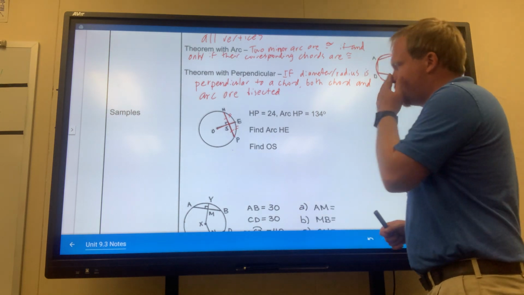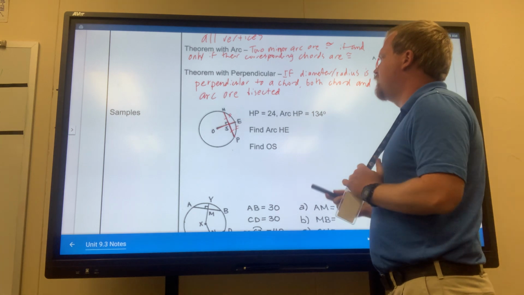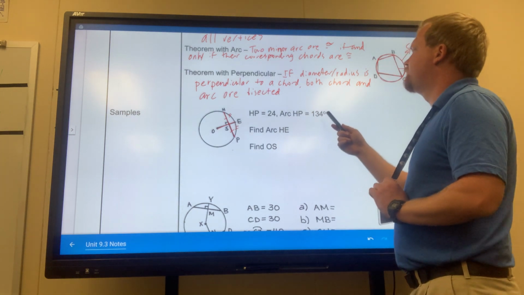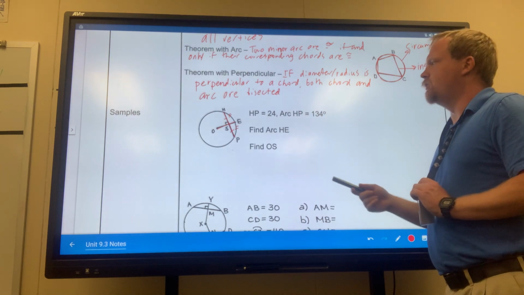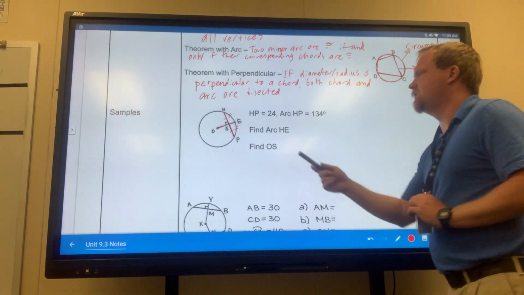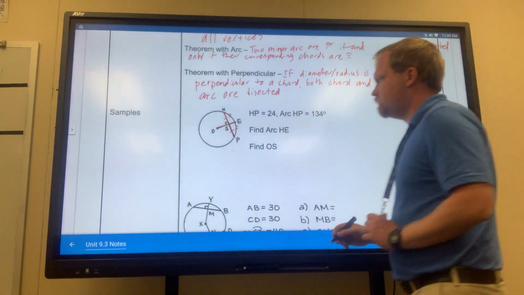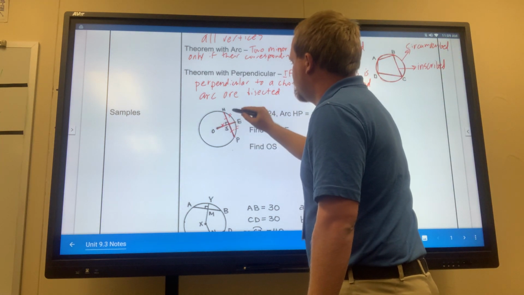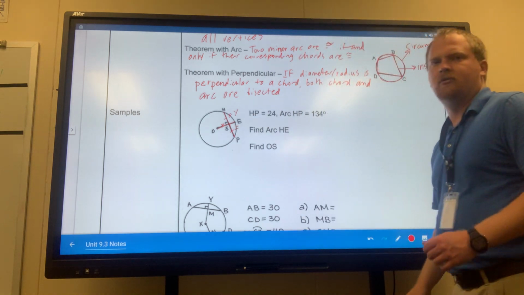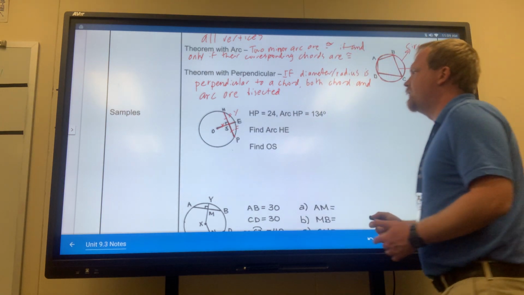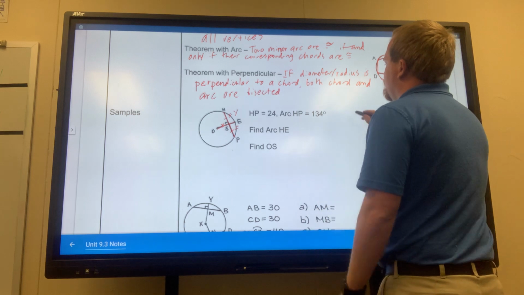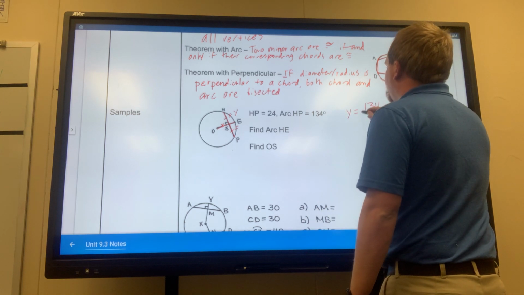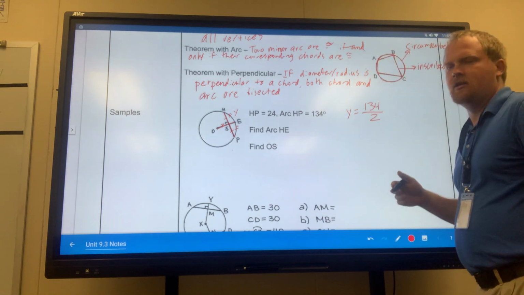Okay? So for example, if HP is 24 and the arc HP is 134, we want to find arc HE and find OS. So we want to find this length right here as well as that arc. I know that this angle is at least half of 134.